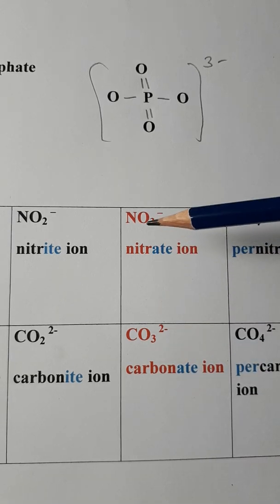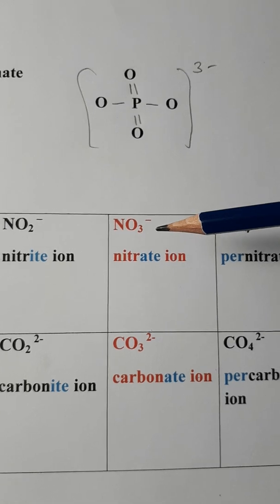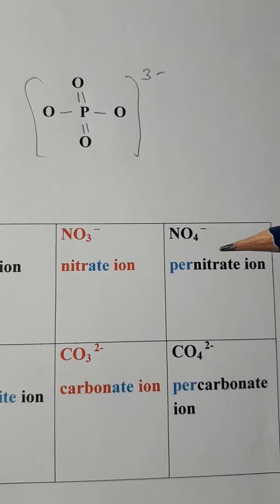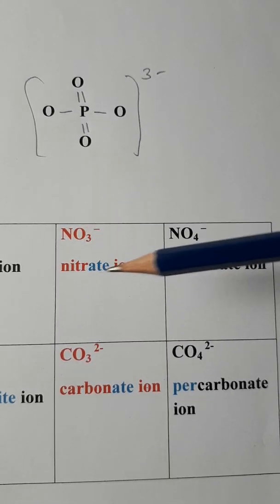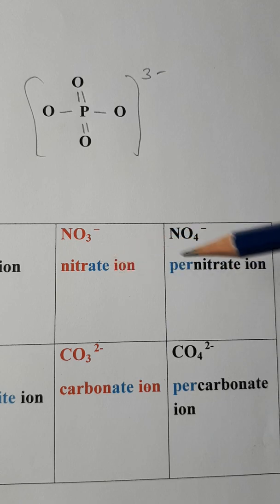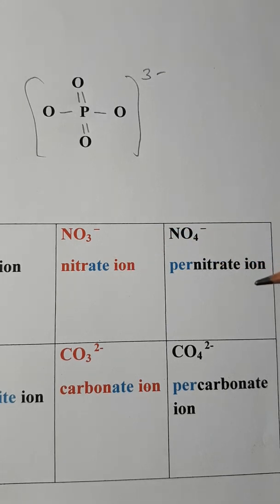If you add one more oxygen atom to this one, it becomes NO4-. See, this is called nitrate ion, and this is called pernitrate ion. So this per in blue color comes as a prefix.